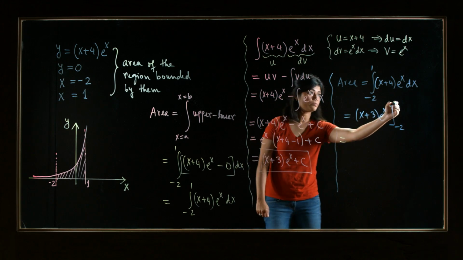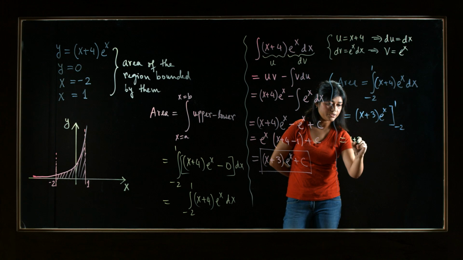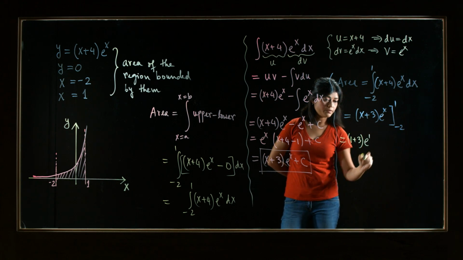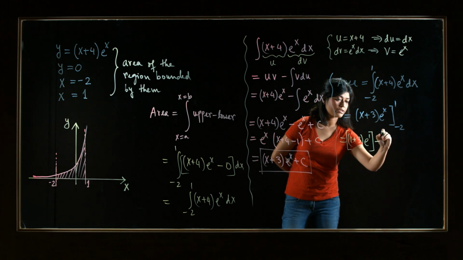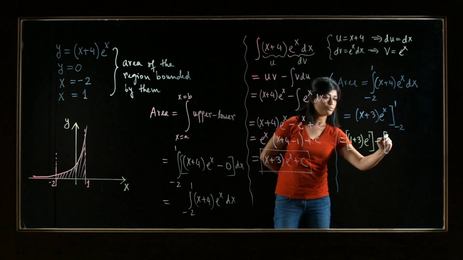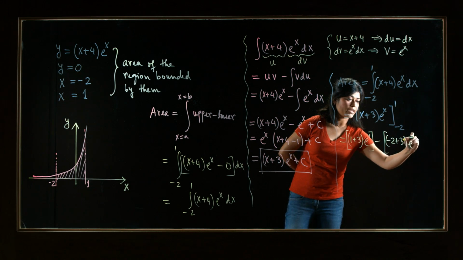First plug in the upper limit: you have 1 plus 3 times e to the 1, and then subtract and plug in the -2: -2 plus 3 times e to the -2.